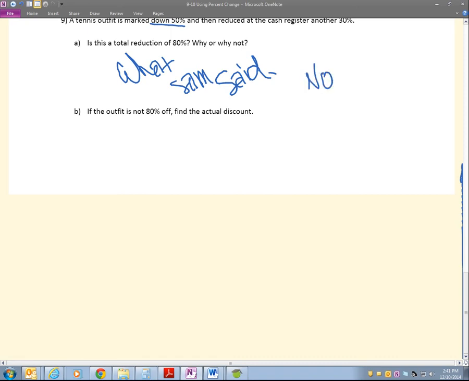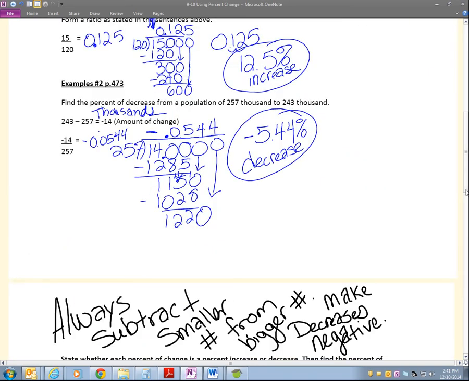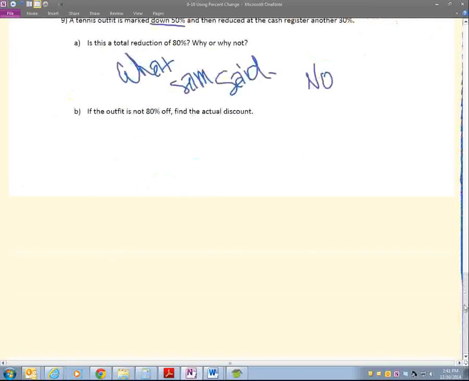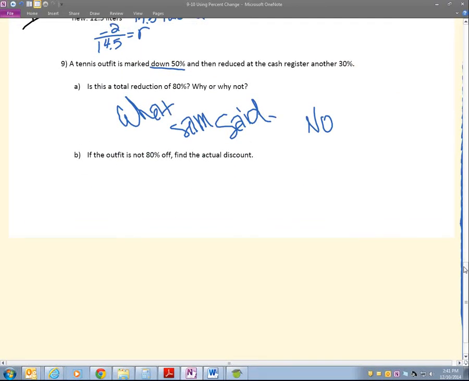Okay. Now, if the outfit is now 80% off, how do we find the actual discount? Well, what am I going to do? So, wow. Okay, let's see this. It's marked down 30%, so we mark it by 30? That's what you're saying? No, since it's being reduced by 50, that'd be half of it. So 30% would be half, so you have to divide it 30%.